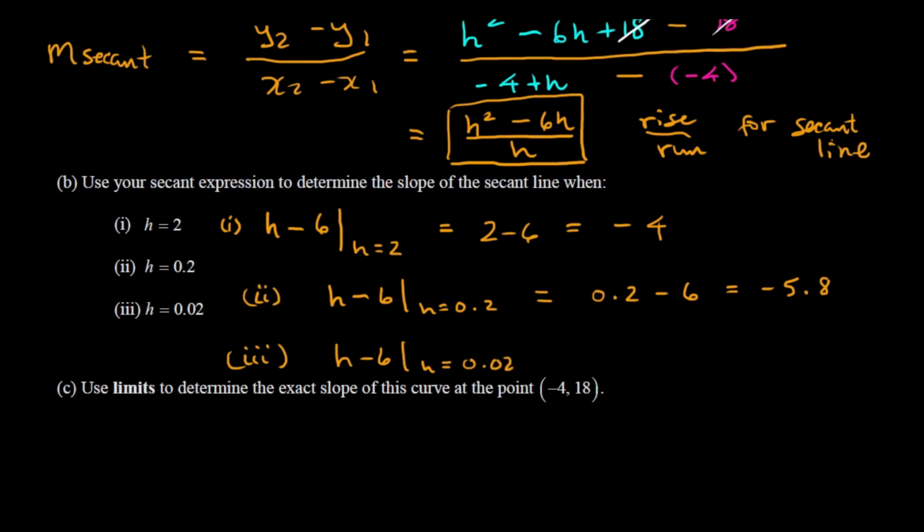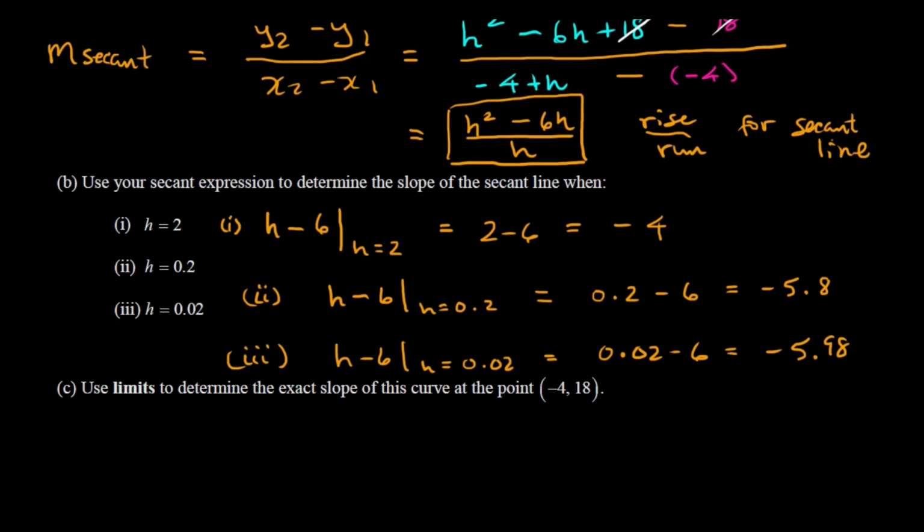So now those two ordered pairs are really close together. Notice they still haven't coincided, of course, but when h is 0.02, I guess we'll substitute it in here. We're going to get a negative 5.98.